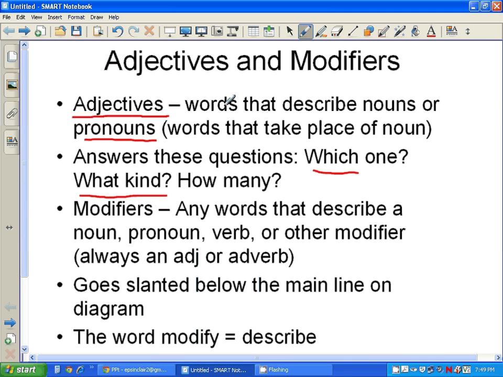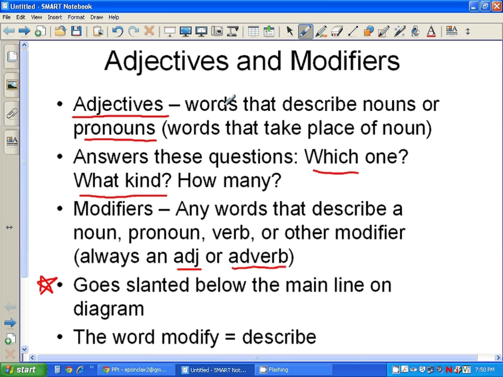Okay, modifiers are any words that describe a noun, pronoun, verb, or other modifier. Modifiers include both adjectives and adverbs. So when we're doing our function classification, it doesn't matter if it's an adjective or an adverb, it still counts as a modifier. This one's important here. Any modifiers that we get when we're doing our diagrams are going to go slanted underneath the main line.